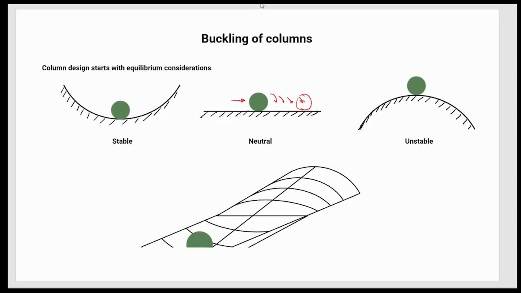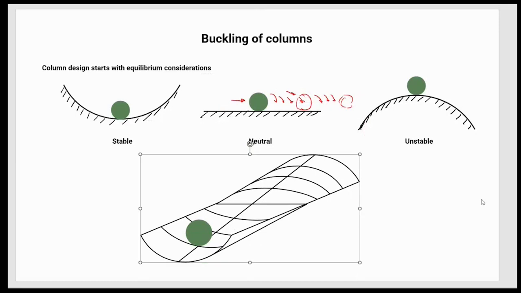Then when you apply another force, maybe in the same direction, the sphere will start rolling again until you remove the force, and then due to the friction in the contact between the sphere and the plane, the ball will stop again, and so on. So that's called neutral equilibrium, and these three stages are greatly represented by this chart here.